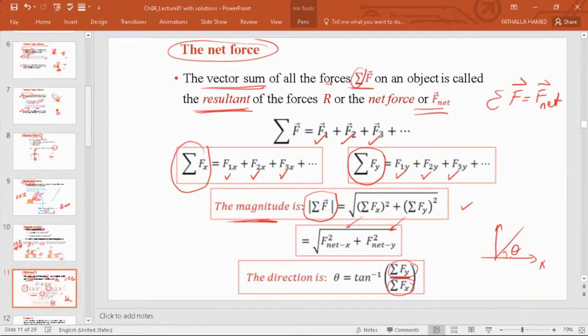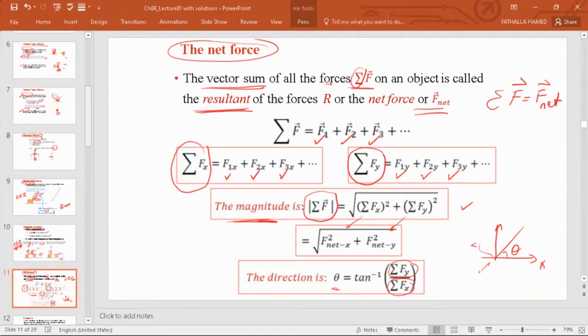And of course, you have to be careful. If you are in the first quadrant, meaning the x component is positive and the y component is positive, you leave the angle as it is. If you are in the second quadrant, which is here, where your x component is negative and the y component is positive, the calculated result that you get from this equation, you add to it 180 degrees.